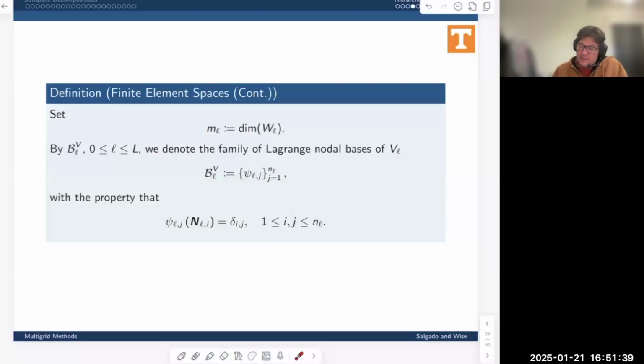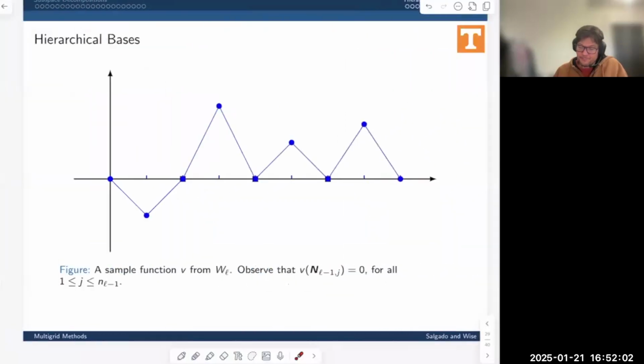And remember, the Lagrange nodal basis has this property that if I evaluate phi LJ at the interior vertex, NLI, I get delta IJ. Okay, so that's the Kronecker delta symbol. So this is the standard way of defining the Lagrange nodal basis elements.